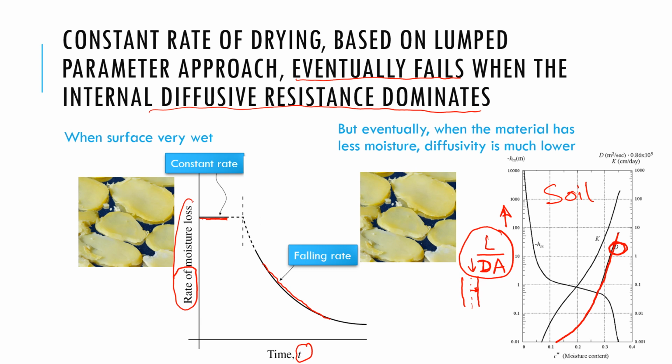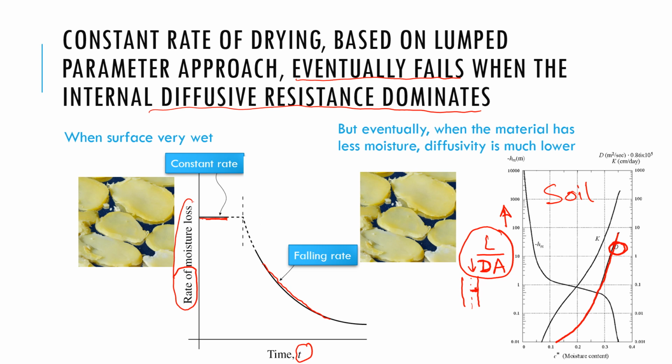So eventually the internal resistance is going to be so much more that the process is not going to be driven by just the external resistance, which lumped parameter is.